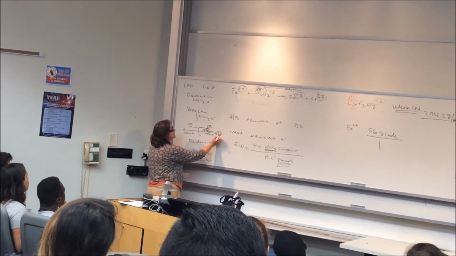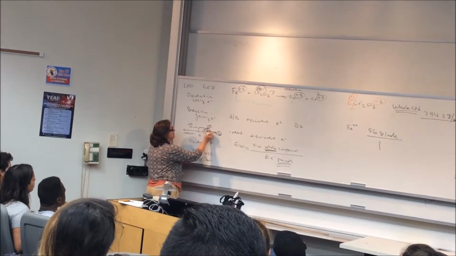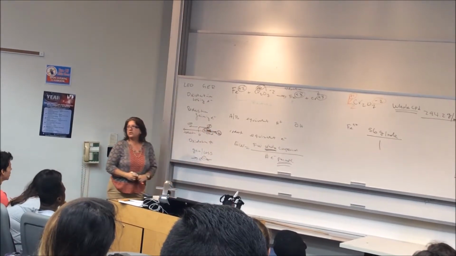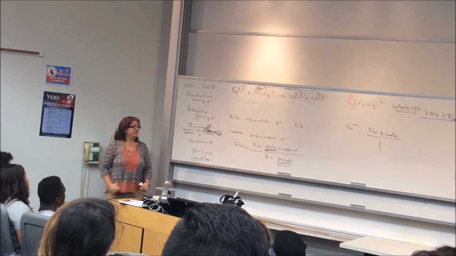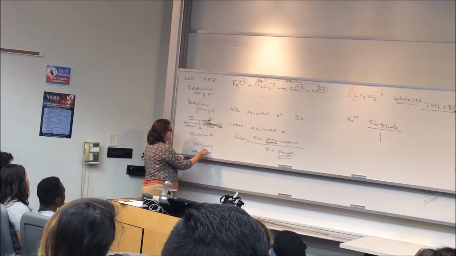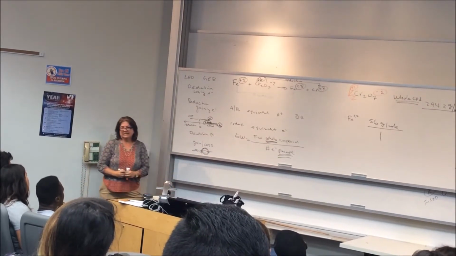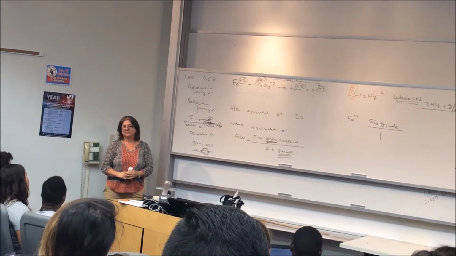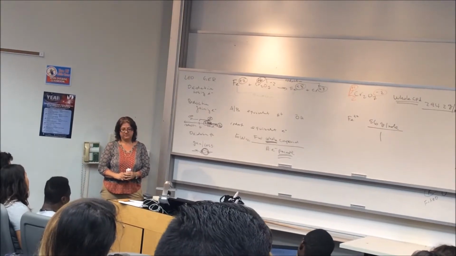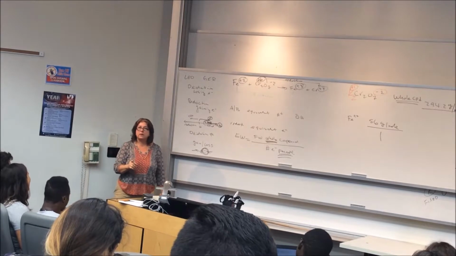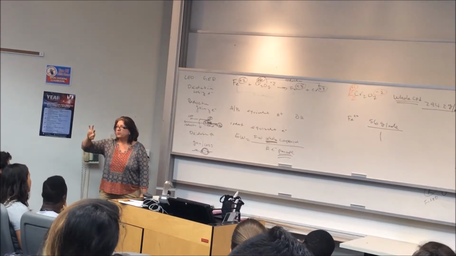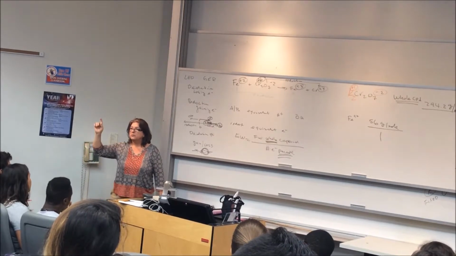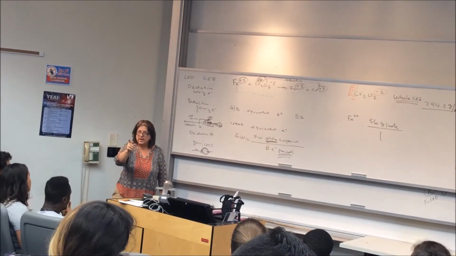It went from +6 to where? +3. It was reduced by the gain of things that are negative. Each chromium gained how many electrons? 3. To go from 6 to 3.